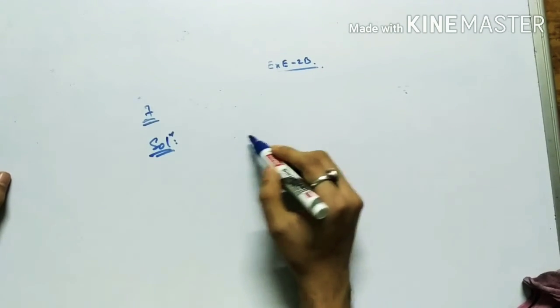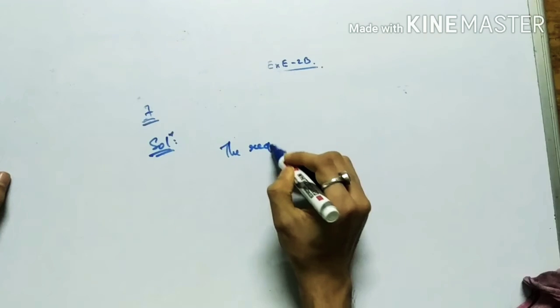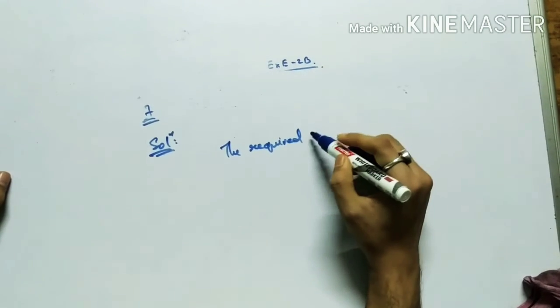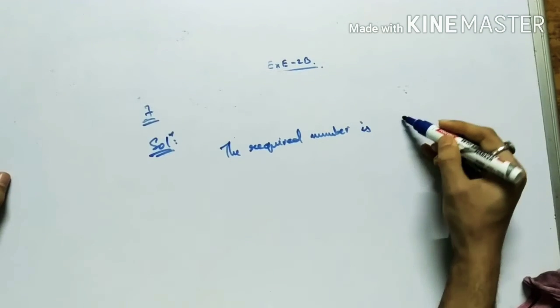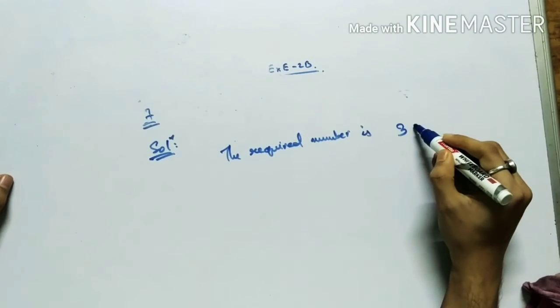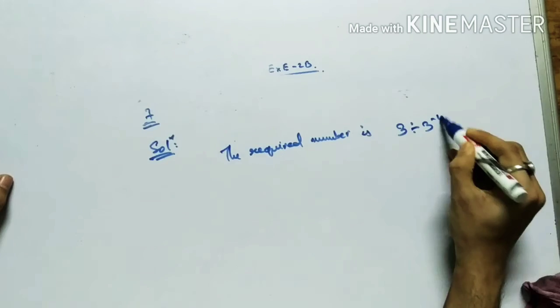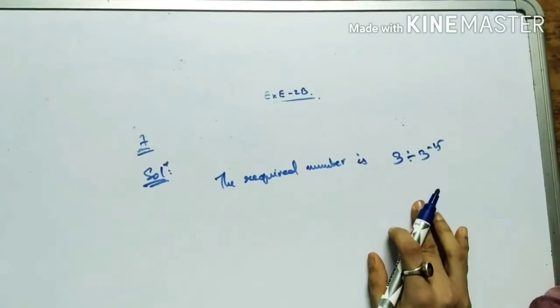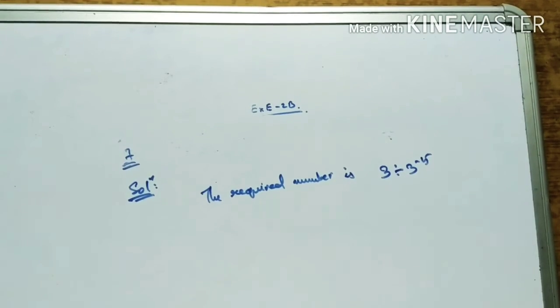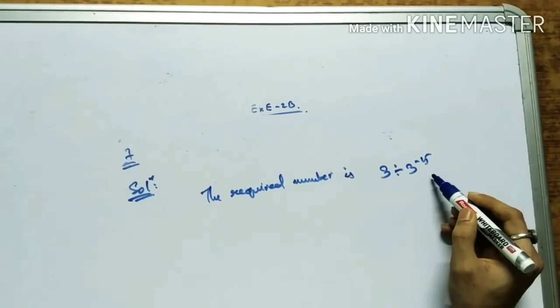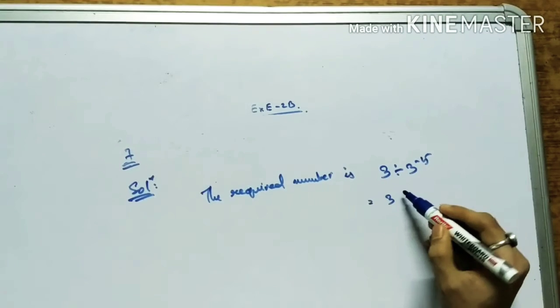So you can write, the required number is 3 divided by 3 to the power minus 5. Or you can check in the class how we have done it. 3 divided by 3 to the power minus 5 is equal to 3.